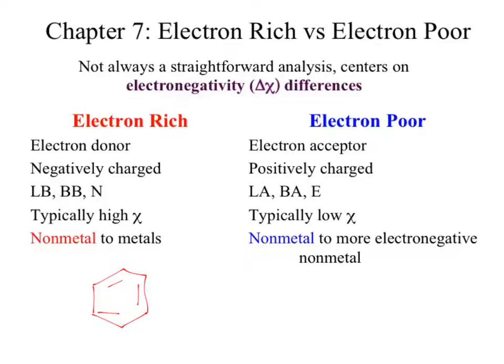Worst case, you're wrong. Electron rich. Good, you weren't wrong. It is electron rich. Not very obviously. Why might it be electron rich? You have those double bonds. Those double bonds are going to make it electron rich.